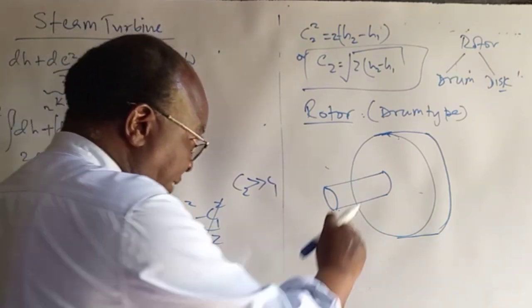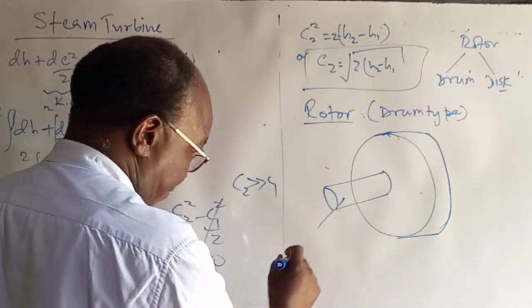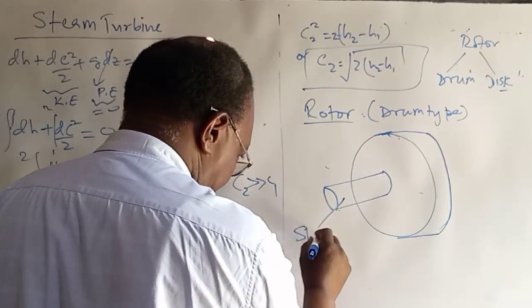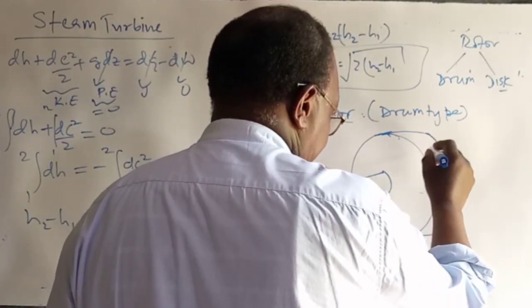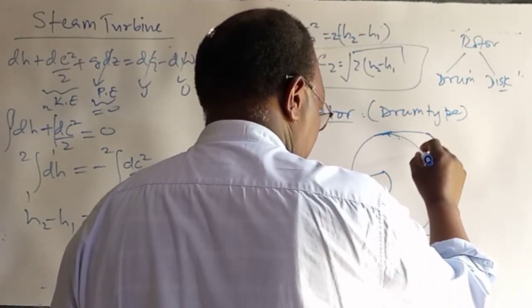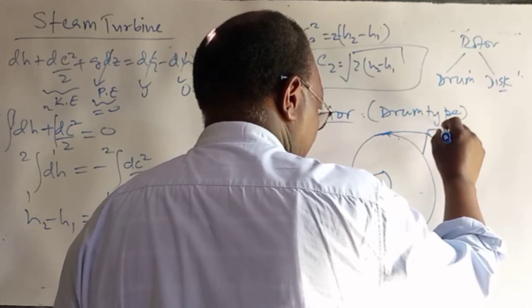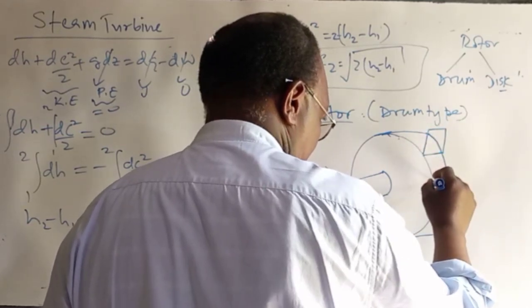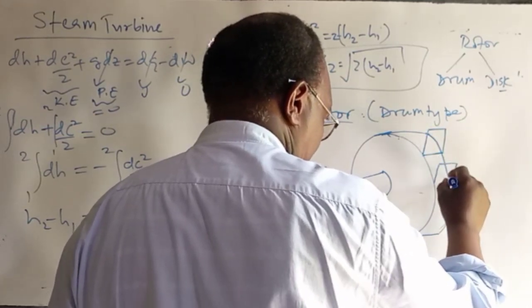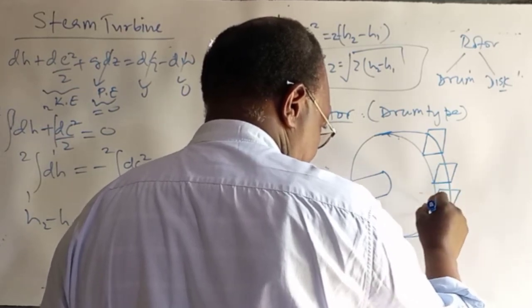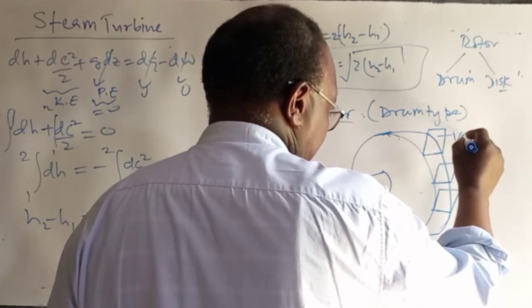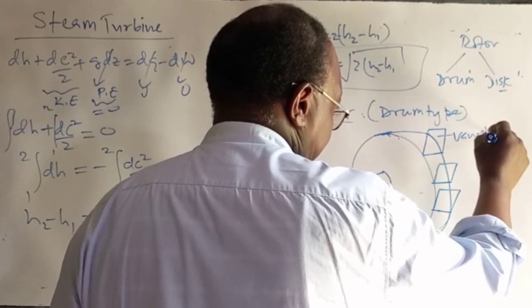Now, on this drum, we have the shaft here, and we have the blades. Let's call this the vanes or blades.